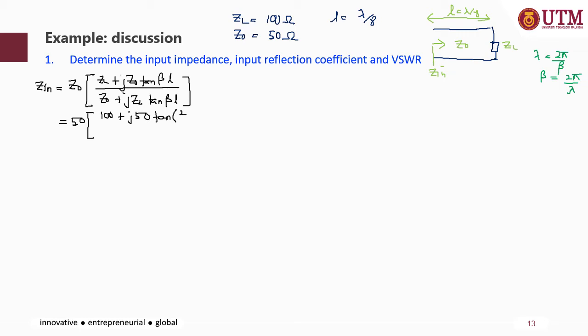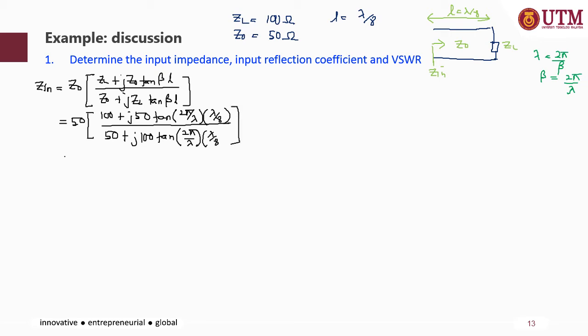So you can replace beta with 2 pi over lambda: 2 pi over lambda, L given is lambda over 8, divided by Z0 is 50 plus jZL 100 tangent, again beta is 2 pi over lambda, and L is lambda over 8.